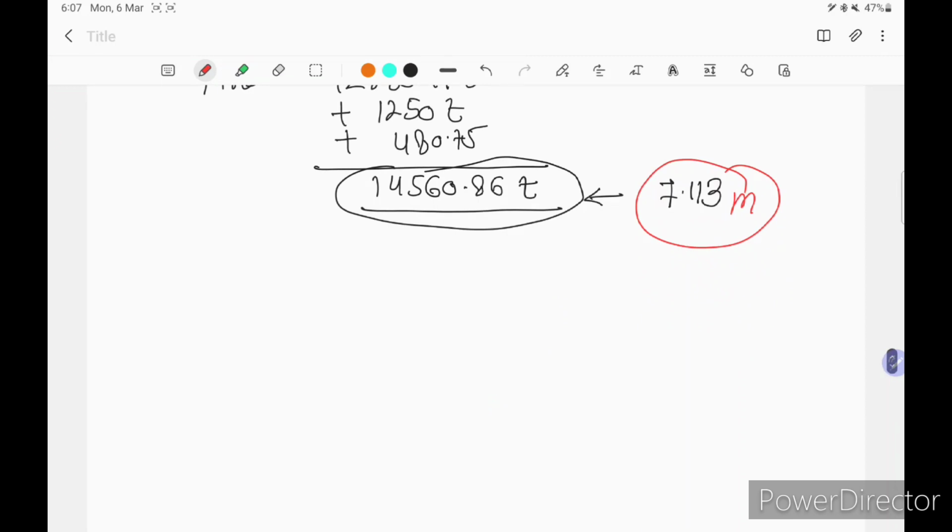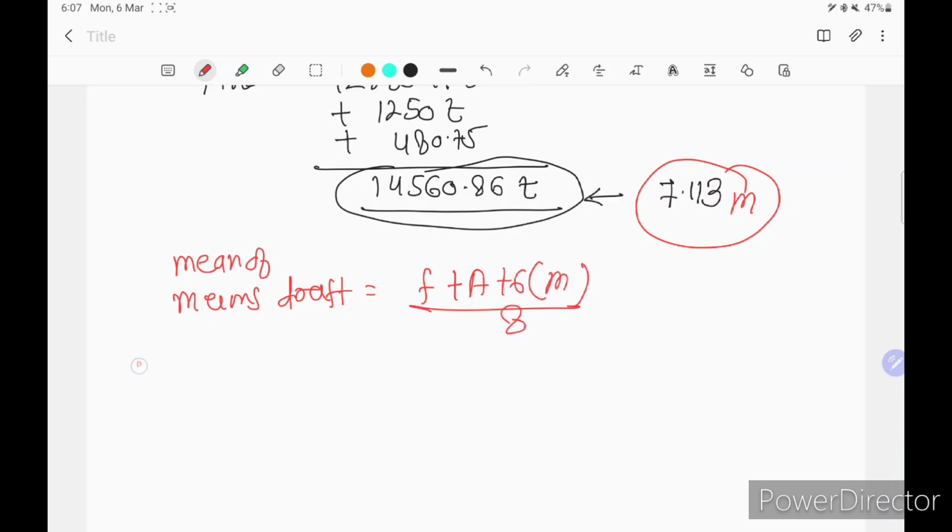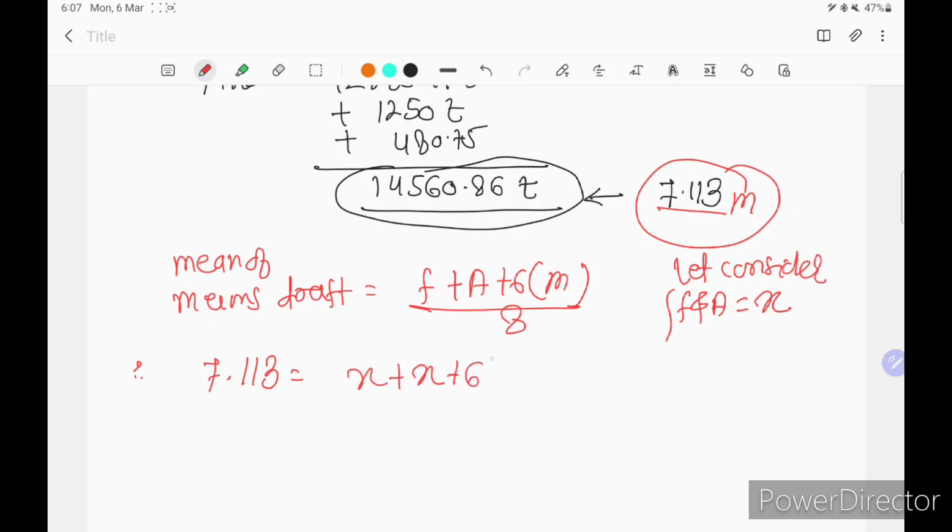Now we put this as the mean of means draft. We don't know the forward, aft and midship drafts, but we know the mean of means draft, which we calculated as 7.113. So let's consider our forward draft and aft draft is x. So x plus 6 times midship.